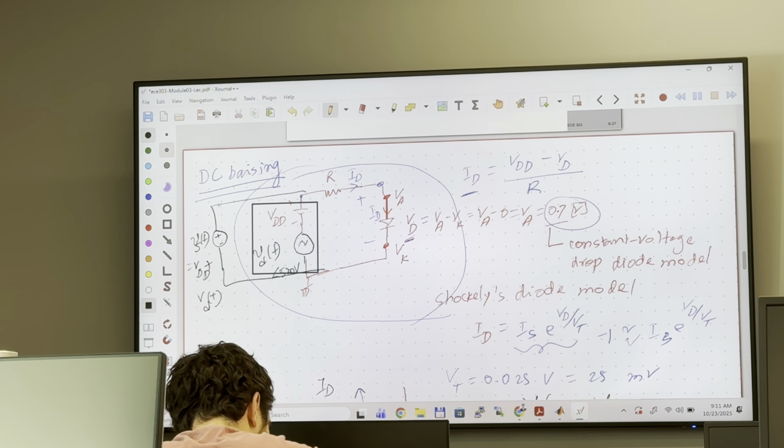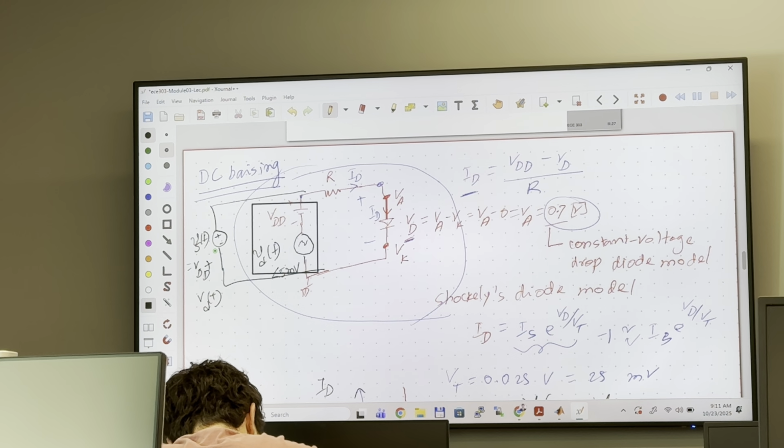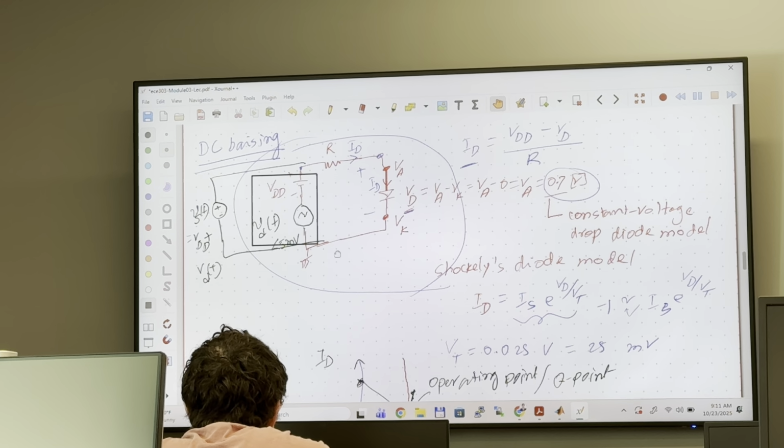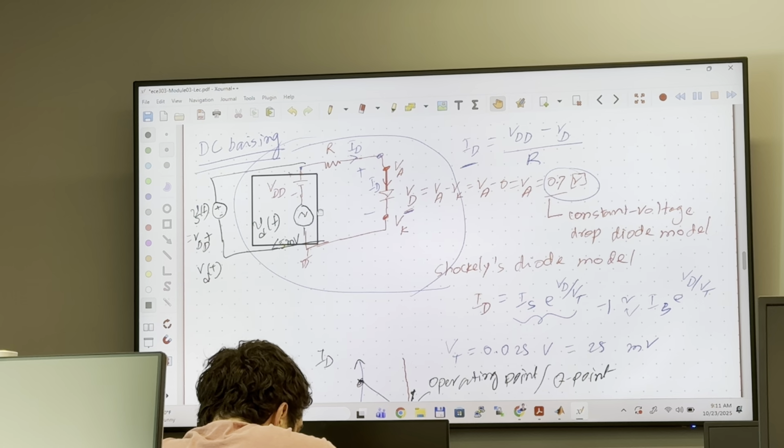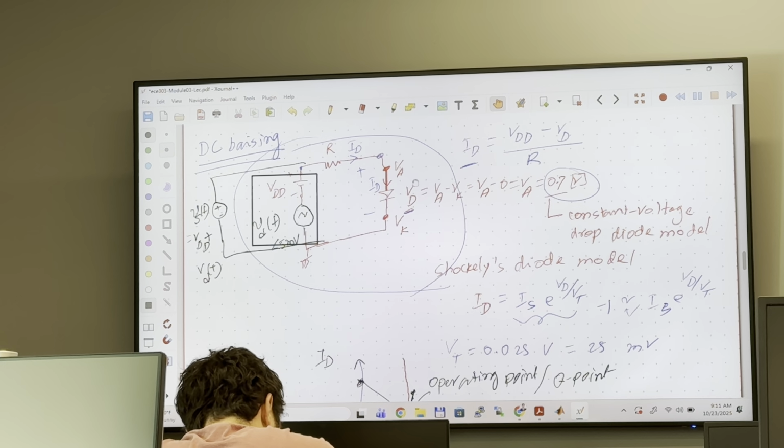Okay? So I'm going to denote it like that. Now, once we apply these two voltage sources, we will have some change in VD and some change in ID.